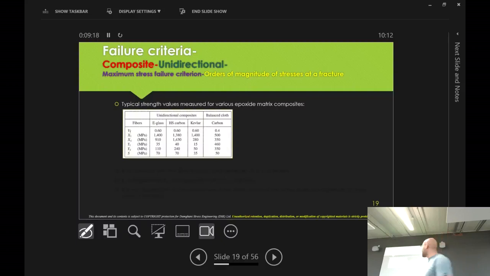I think this slide is quite important as well. If you look at the volume fraction for e-glass, these numbers are good to have in mind, always have the rough idea of the figures. Volume fraction for e-glass is roughly 60%, high strength carbon 60%, Kevlar 60%, and for a woven fabric it's roughly 40%.